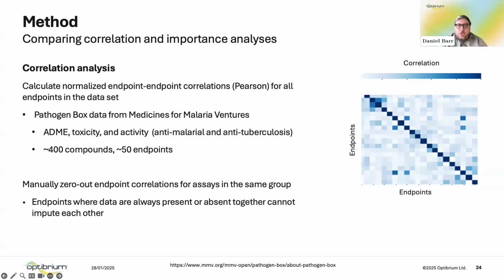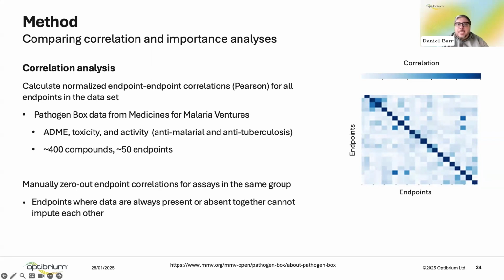It includes about 400 compounds and 50 endpoints covering a range of ADME, toxicity, and activity for anti-malarial and anti-tuberculosis outcomes. So a small data set, but enough to have some interesting relationships. And so we want to see what's the difference between a standard correlation analysis and the importance matrix that we get from this deep learning imputation that Matt has described for us in the background.